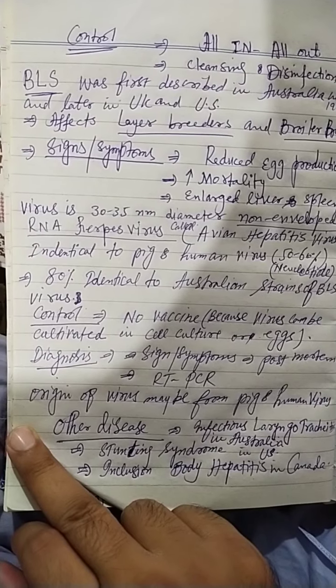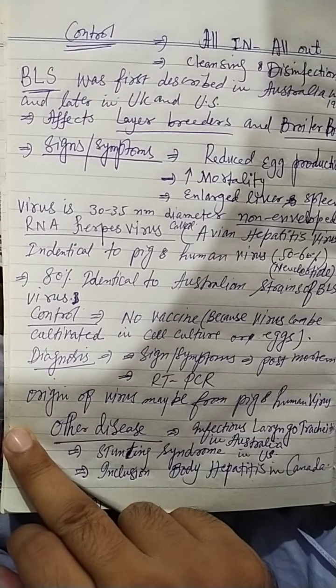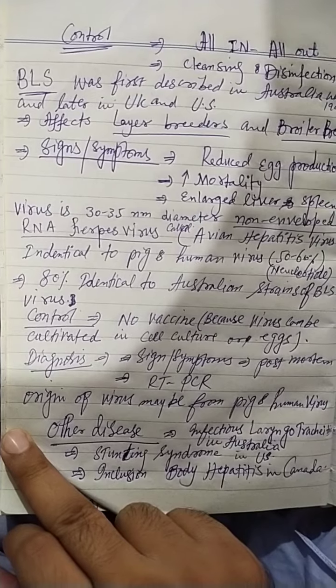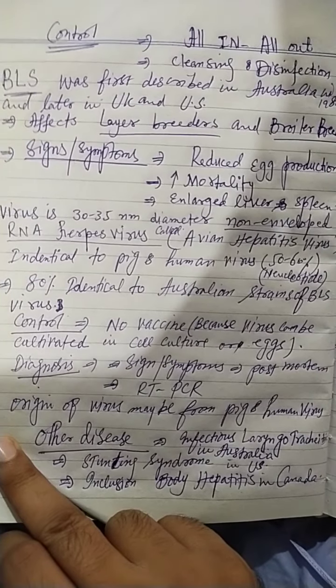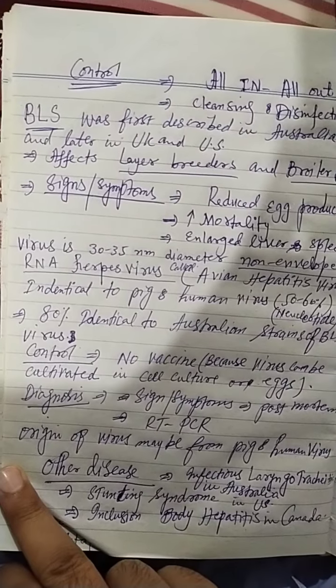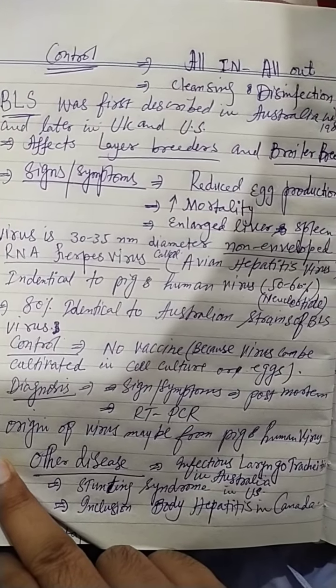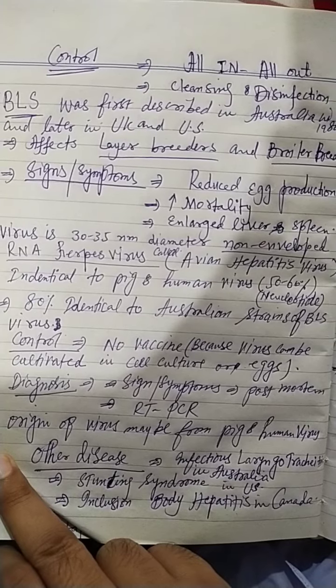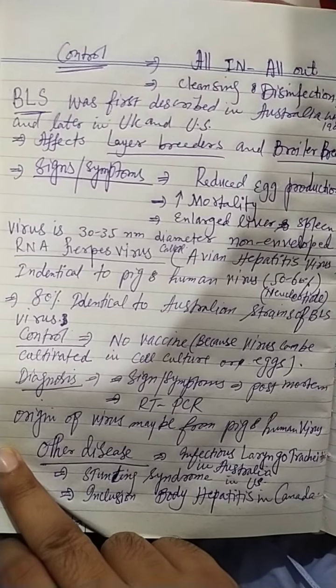The virus is about 30 to 35 nanometers in diameter. It is a non-enveloped RNA virus. It is also called avian hepatitis virus.